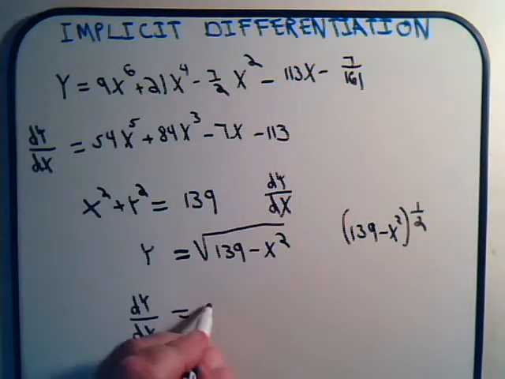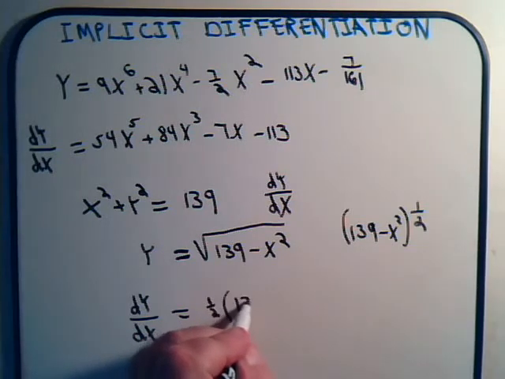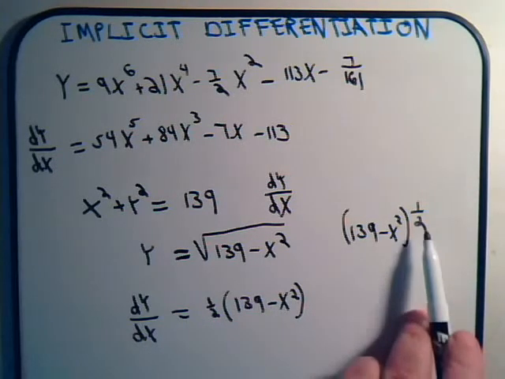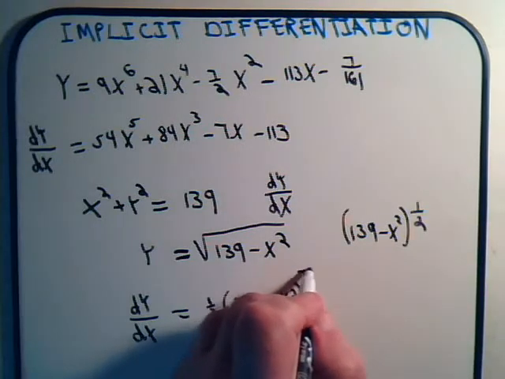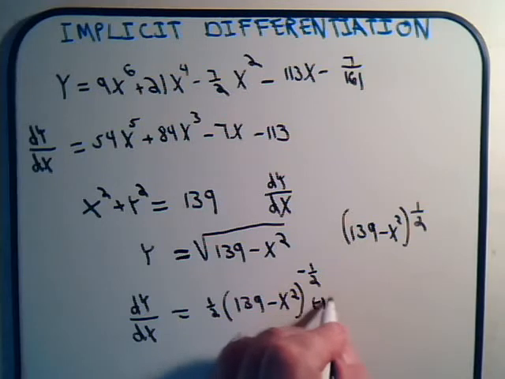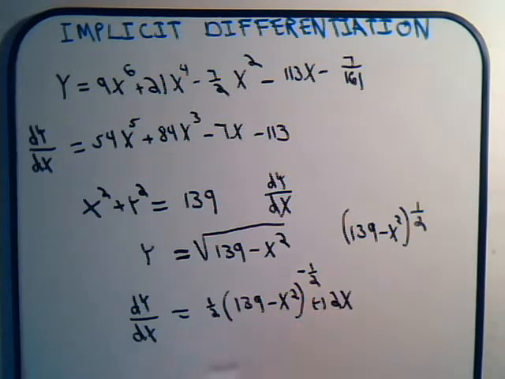That would equal 1/2 times 139 minus x squared to the minus 1/2 power times the derivative of what's inside this expression. This would be minus 2x dx dx, which is just 1.